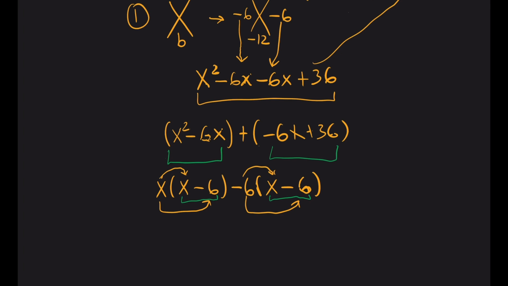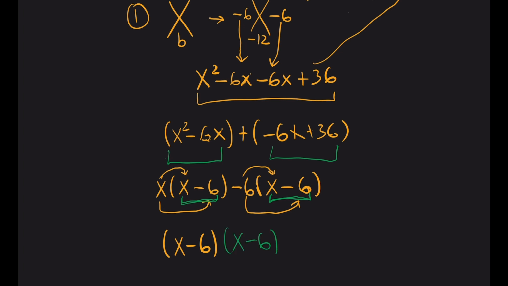So the answer is gonna be x minus 6 and x minus 6, right? So here, actually, I can make it less confusing. Since the x minus 6 right here is the same as this one, that's gonna be one of them.